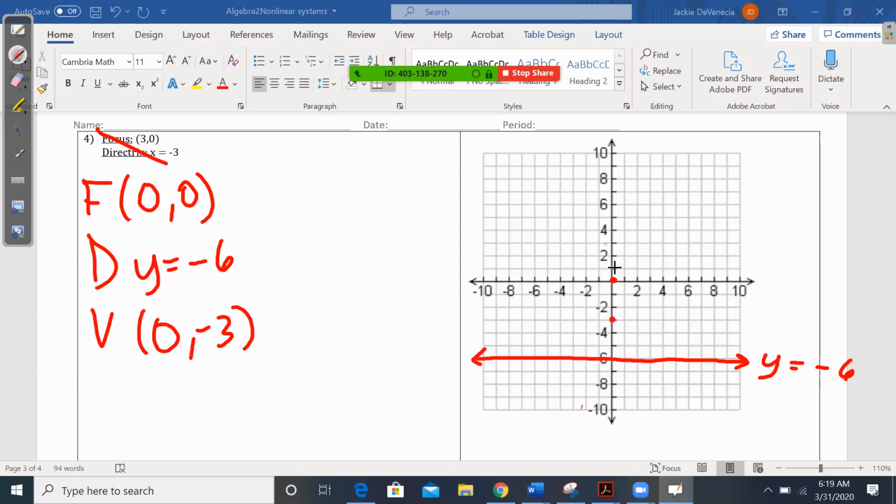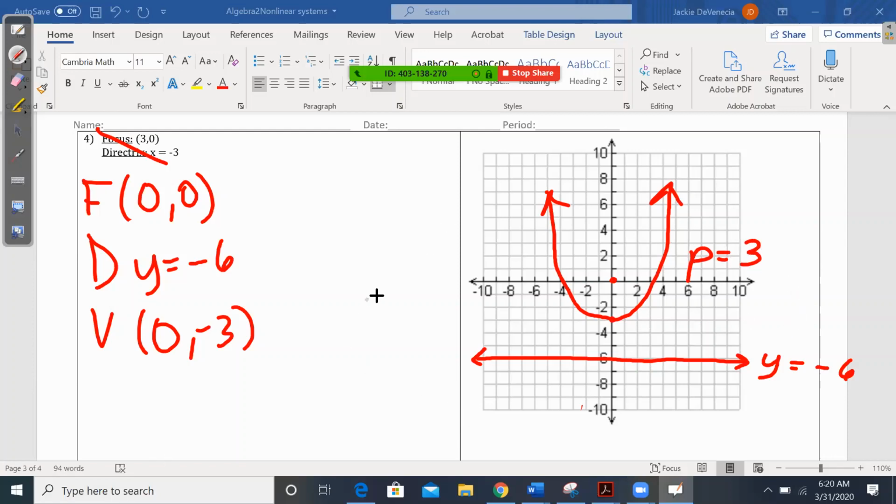And wherever my focus is, it's above it, so the parabola is going to face up. And now my p is the number of spaces from vertex to focus. 1, 2, 3. So my p is going to be 3.